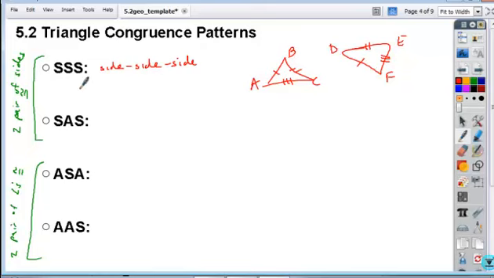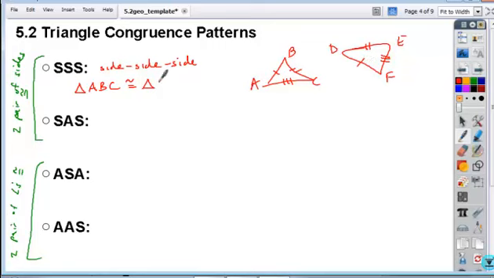And so we can write a congruent statement for this. Triangle ABC is congruent to, again, the first part of the statement can be arbitrary. The second part has to map directly to the corresponding pieces. So A is opposite 2 tick marks, so which angle does that correspond to on the other triangle?